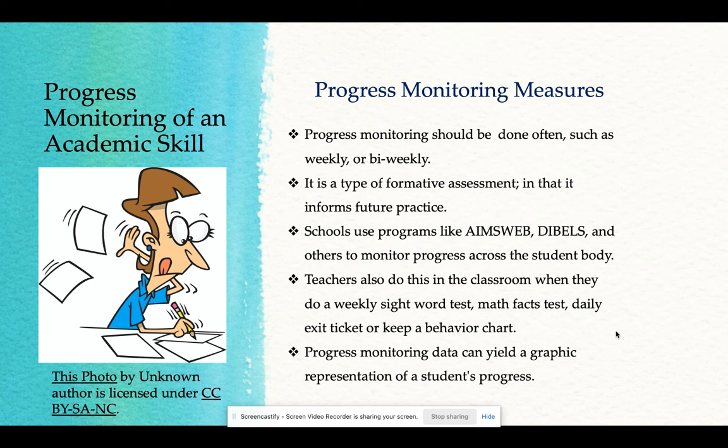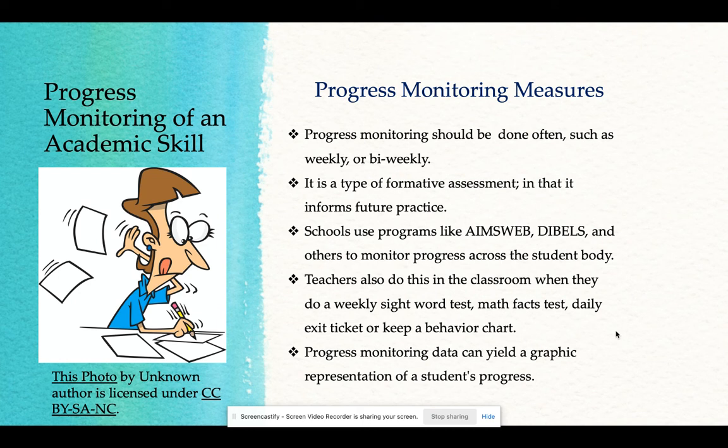Next would be progress monitoring of an academic skill. Progress monitoring measures are wonderful and informal. They help us to not only see where the child is today, but to look back and see where they've been. It should be done often, weekly or biweekly. It's a formative assessment.